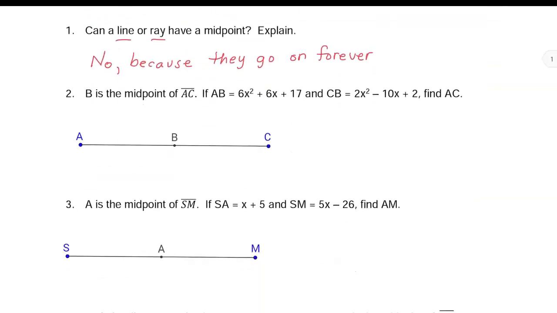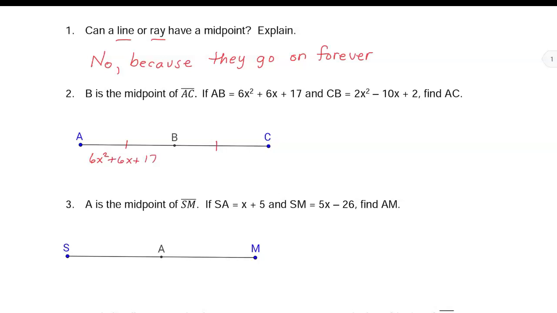In number 2, we're being told that B is the midpoint of AC. Would you mark the diagram right away, please? Always do that. We are given some algebra for AB. So AB is 6x squared plus 6x plus 17.